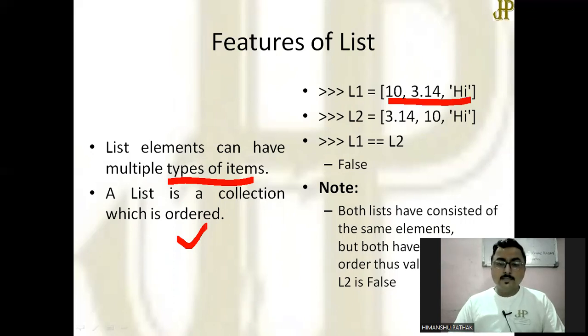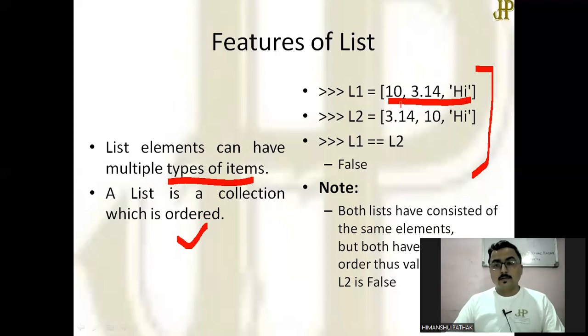To understand this point, you can see this example. I have created two lists L1 and L2. In L1 and L2, there are three elements. All three elements are the same. One is of integer type, the second one is of float type, and the third one is of string type.